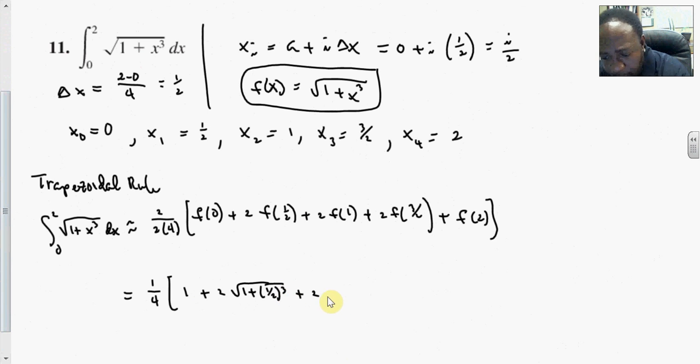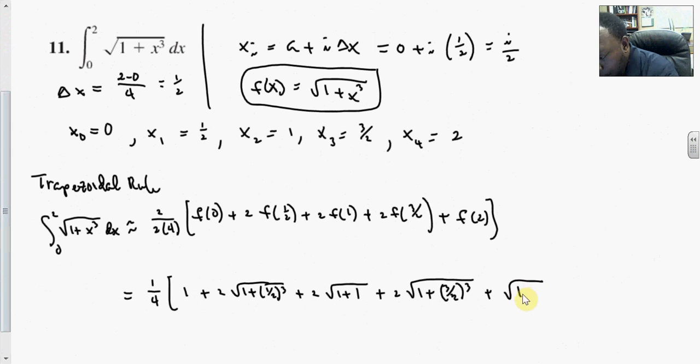Plus 2 times the square root, x is 1, 1 plus 1, plus 2 times the square root of 1 plus 3/2 to the third, and then plus the square root of 1 plus 2 to the third.